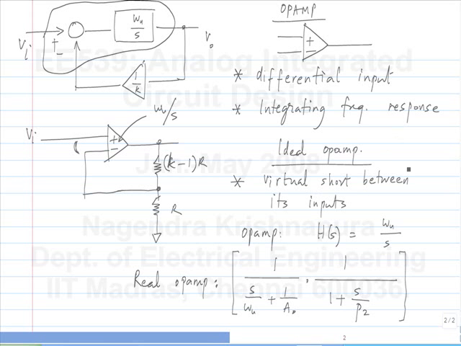The absolutely ideal op-amp has a virtual short between its inputs, and you can get various degrees of modeling by using an ideal integrator model, or sometimes you model it just by using the DC gain. You ignore what happens at high frequencies. If you put s equal to 0 in this model, you get A0, so you use that model also.